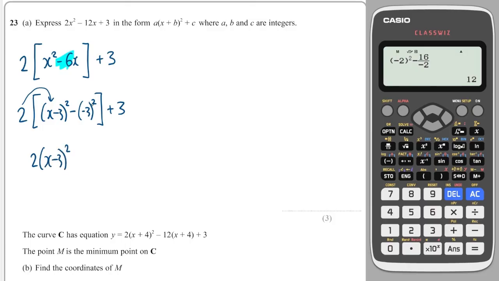I've got minus 3 squared is 9, but there's a minus sign there. There's always a minus sign there. So that's minus 9, times it by 2, that's minus 18. And then add on the 3, which is hanging outside the bracket. So my final answer is 2 lots of x minus 3 squared minus 15. Perfect.